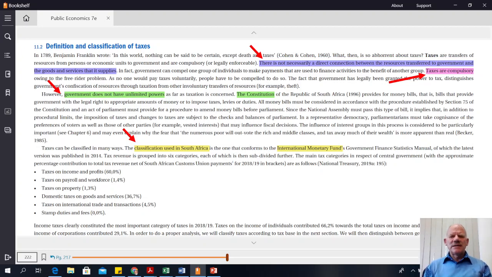We use an international standard for all our taxes. So you've seen all of this. You know the graphs, you know the different types of taxes, the percentages, and so on. So you should have a good idea about how the tax structure of South Africa looks.